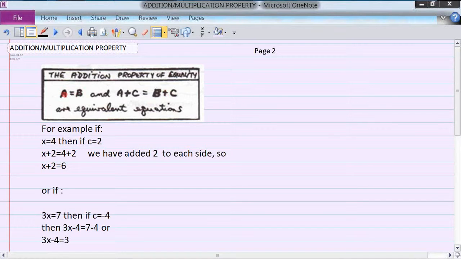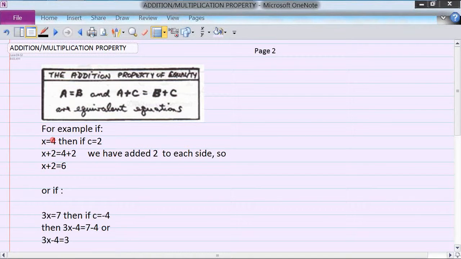So all we're doing is saying what we do to one side of the equation in terms of addition, and this applies to subtraction too, we must do to the other. So we're adding c to the left, then we must add c to the right to maintain the equality.